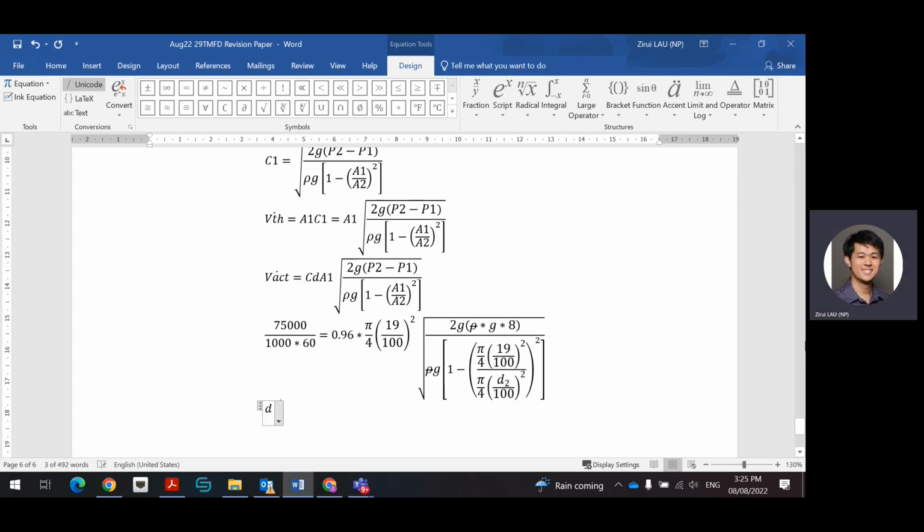So what is your D2? I think we better calculate individually. 1.25.